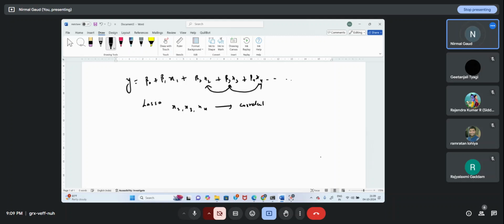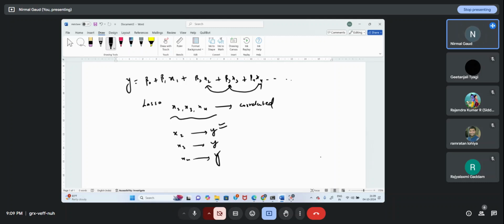Let us suppose this. And if I check the relationship with the target y, let us suppose x2 is showing high correlation with the target.